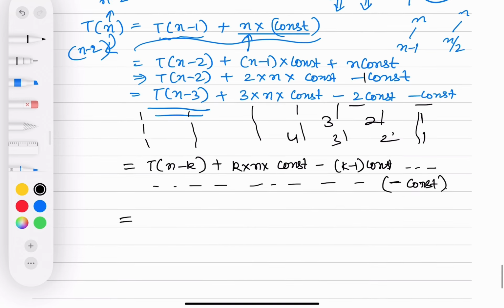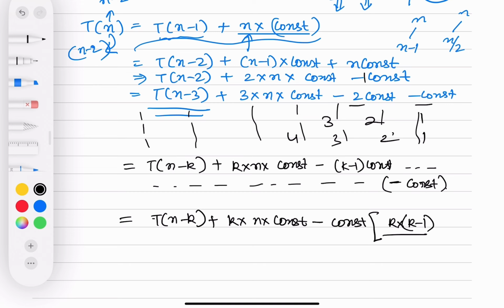So if you rationalize this, you get T(n minus k) plus k into n into constant minus constant. If you take common, you get k into (k minus 1) by 2. Are you getting it?